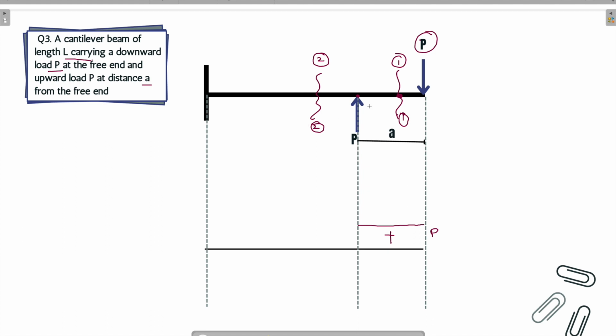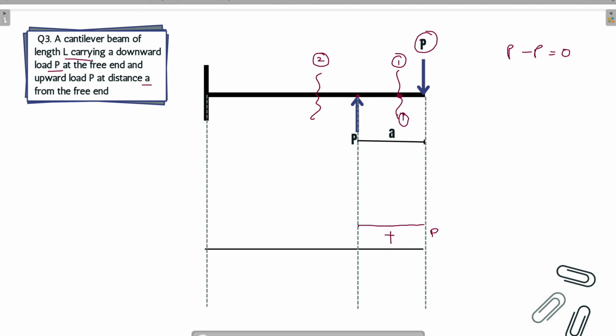And you see this load is trying to rotate the beam in the clockwise direction, while this load is trying to rotate the beam in the anti-clockwise direction, both with the magnitude P, right? So overall, if we add up this force and this force on the right hand side of the section, what will happen? One is P, one is minus P, this is 0. So there will be no shear force acting at the section 2, 2.